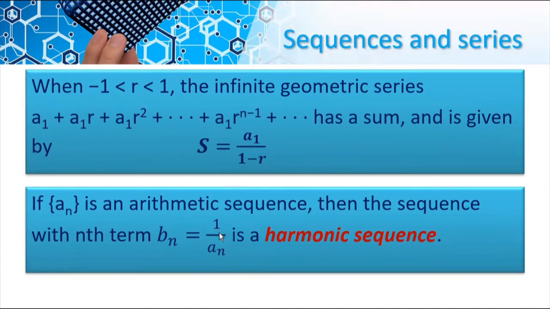Mapapansin mo yung kanyang pagka-sequence ay yung masasabi nating multiplicative inverse ng given arithmetic sequence. So, kung merong given arithmetic sequence, then yung sequence ng kanyang multiplicative inverse ay pwedeng tawaging harmonic sequence.